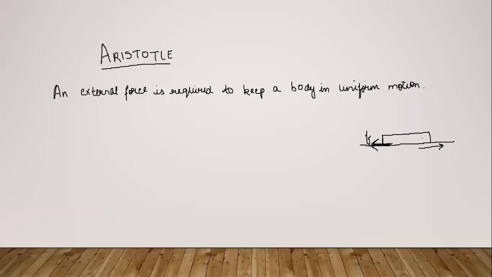Suppose this is the car and this is the string attached to that car, and the child is pulling the string. The child is moving forward and the car will also move forward. As soon as the child stops dragging the string, the toy car will come to rest.